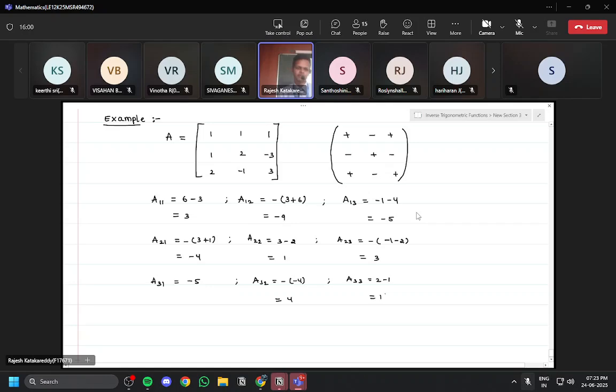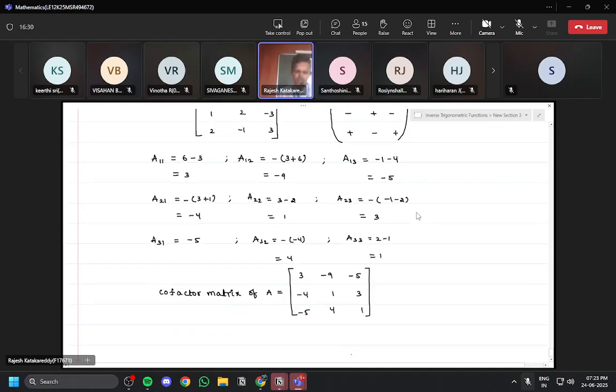So the cofactor matrix of A we have with us. The cofactor matrix of A will be 3, minus 9, minus 5, minus 4, 1 and 3, minus 5, 4 and 1. The transpose of the cofactor matrix is the adjoint matrix.